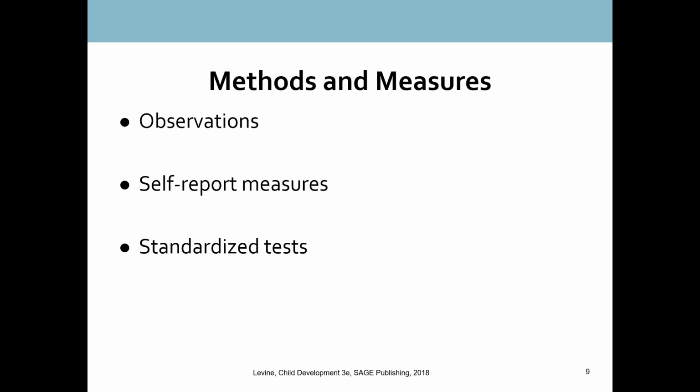One thing that we have to be careful of in either case, naturalistic or laboratory observation, is what's called observer bias. And this comes about if the observer that's recording behavior knows what the hypothesis of the study is.